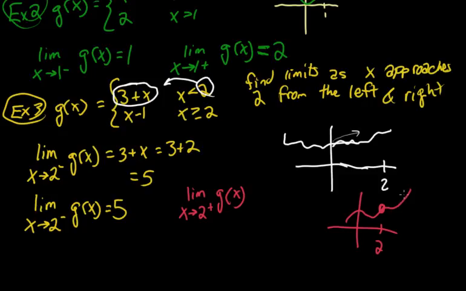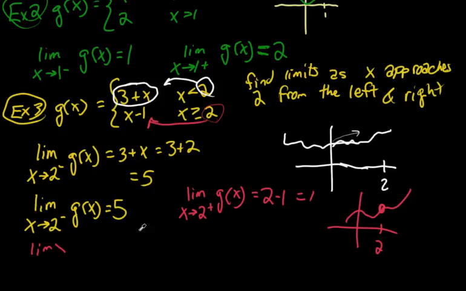Well, the right is when x is greater than or equal to 2. So we would plug 2 into this formula right here. So that equals 2 minus 1, which equals 1.